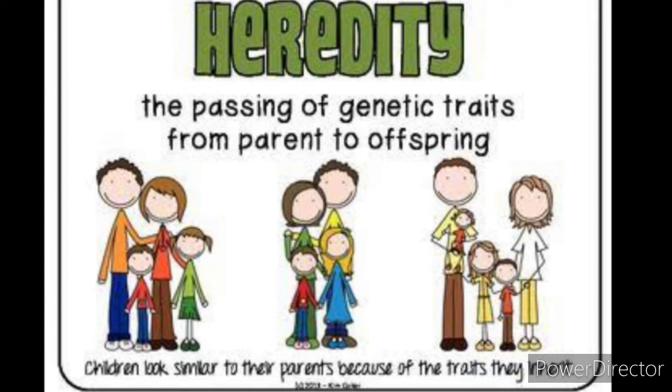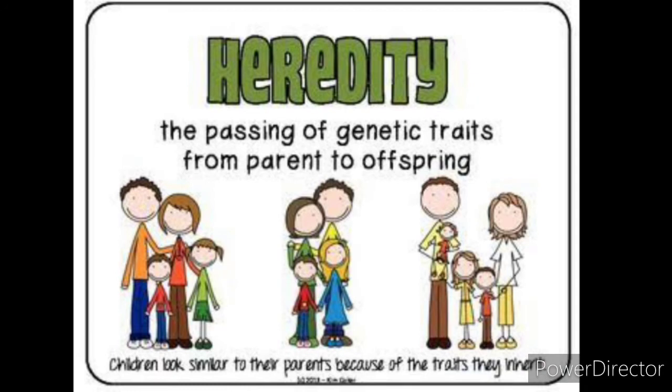We know very well that the living beings produce offsprings of their own kind, isn't it? Children look similar to their parents. Sometimes they look more similar to their grandparents. Color of the eye, color of the hair, shape of the nose look similar to their parents or the grandparents. This is because they inherit the traits and characteristics from their parents or from their grandparents.